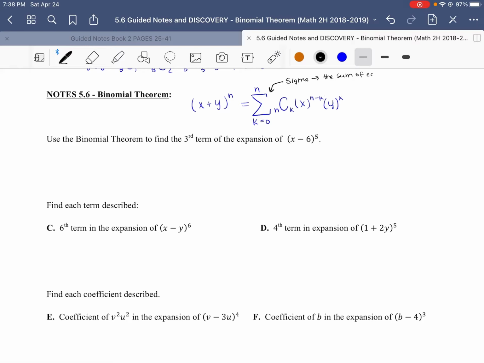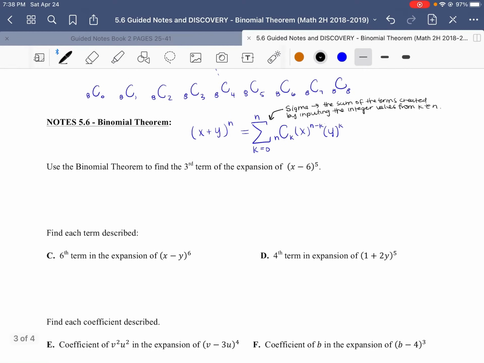So this is the sum of the terms created by inputting the integer values from k to n.